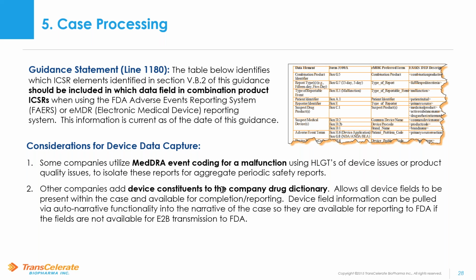Other companies are adding device constituents to the company drug dictionary. This will allow all device fields to be present within your case and available for completion. That will then in turn allow the device fields to be pulled into a narrative via an auto narrative functionality if the fields are not available for E2B transmission to FDA. Next slide.